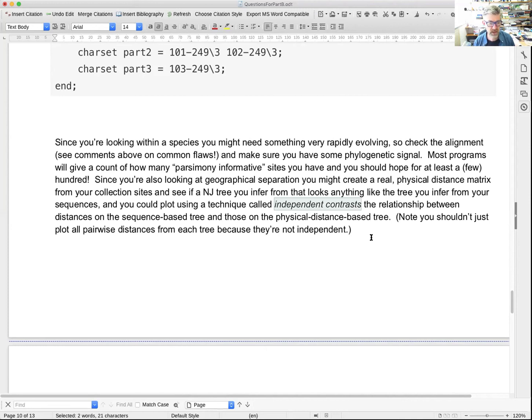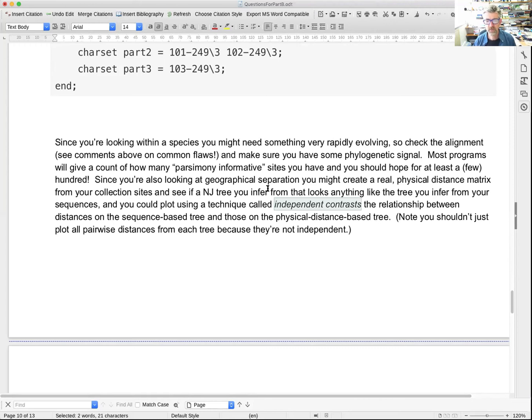If you've got, say, taxa A and B collected from collection sites 1 and 2, then you would compare the distance between A and B on the tree with the physical distance between collection sites 1 and 2, and plot the lot and see what the correlation coefficient was.